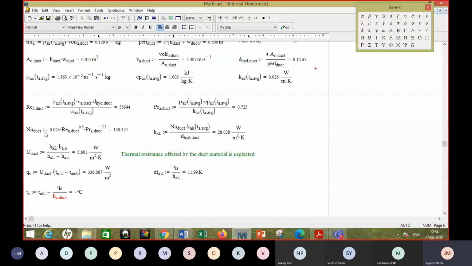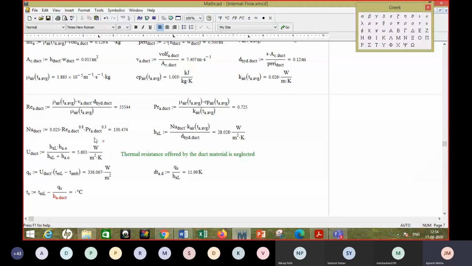The Nusselt number you can now get with the Dittus-Boelter correlation: 0.023 Reynolds number to the power 0.8 into Prandtl number to the power n. In this case, whether the fluid is being heated or cooled, it is hot air which is losing heat.